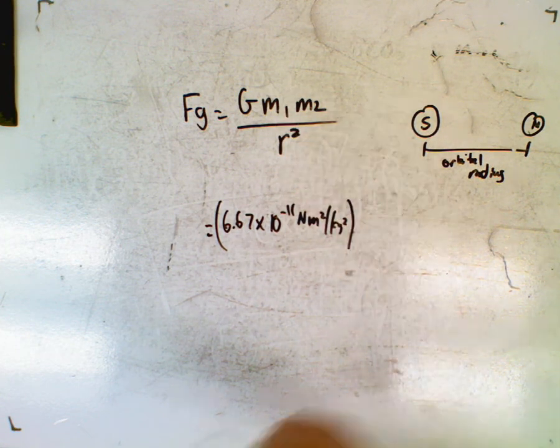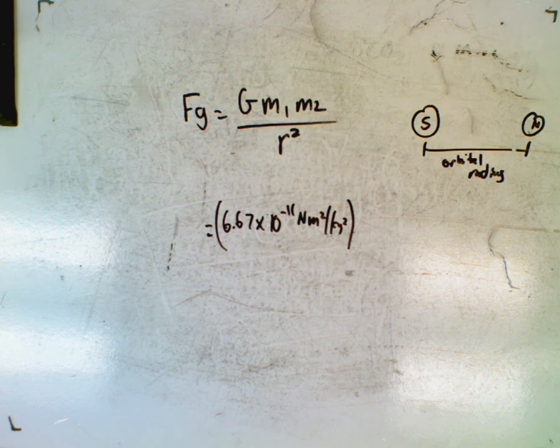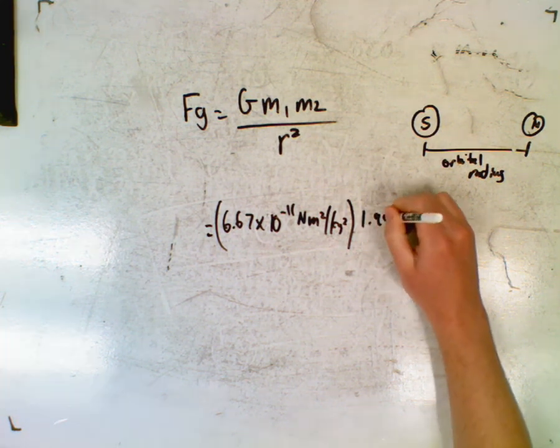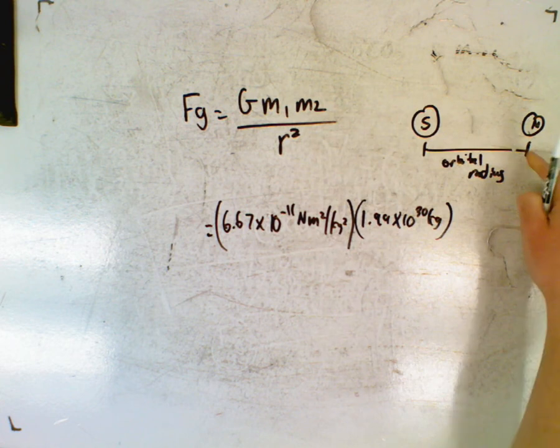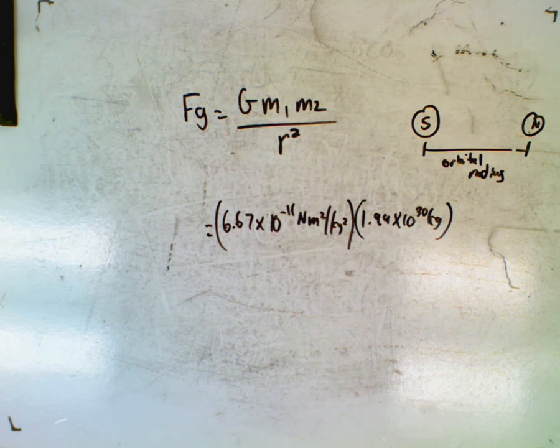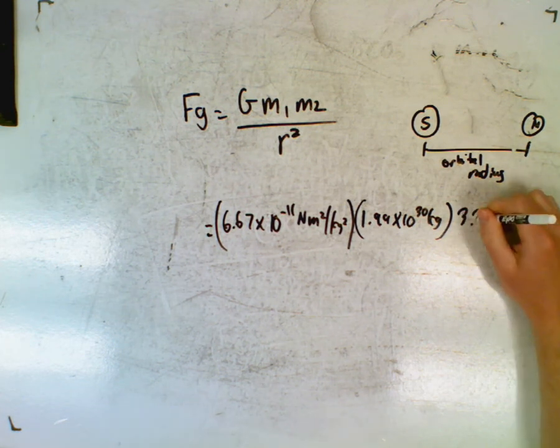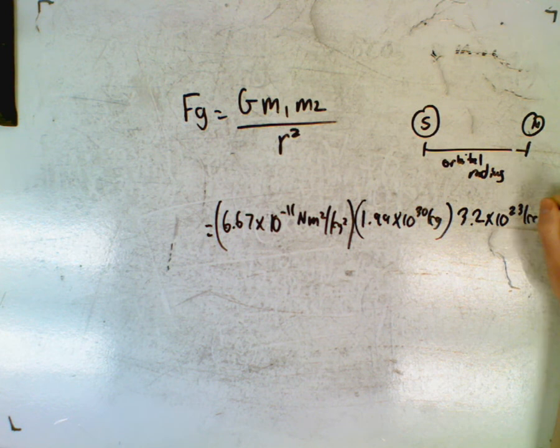Mass 1 is going to be the sun, so we have to look that up in our data booklet. So the mass of the sun is 1.99 times 10 to the 30 kilograms. And then mass 2 is going to be Mercury, and if I look that up, that's 3.2 times 10 to the 23 kilograms.